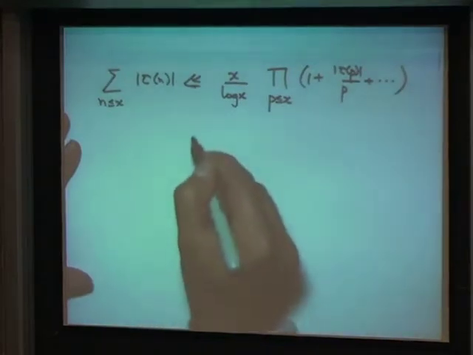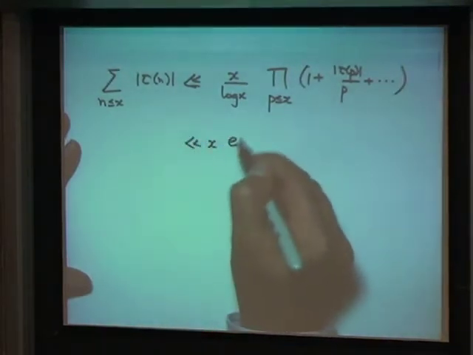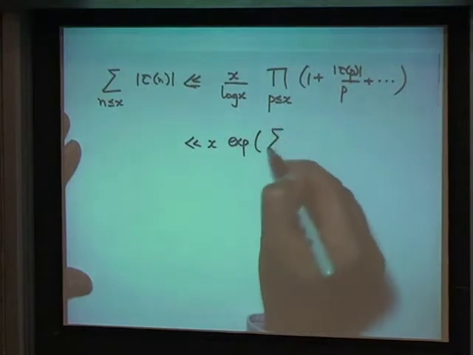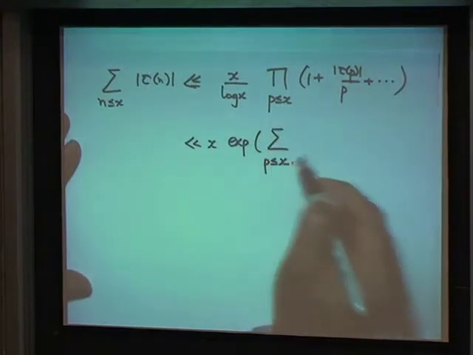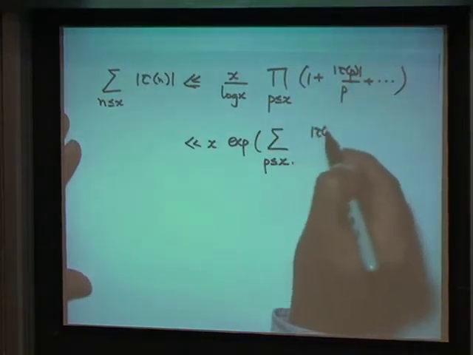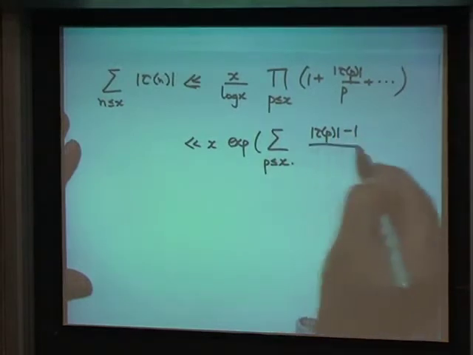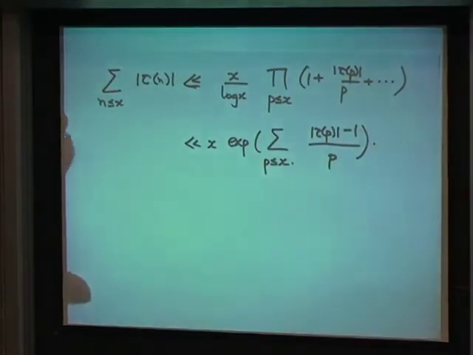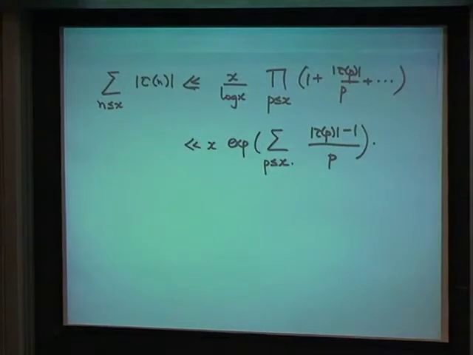Which, if you like, we can write as x times the exponential of the sum over primes up to x of (|tau(p)| - 1) over p. So you will recall that the Holowinsky bounds that I discussed had expressions which were somewhat similar to this.